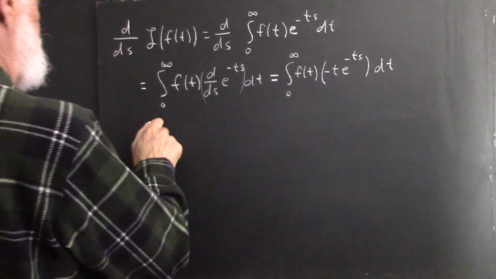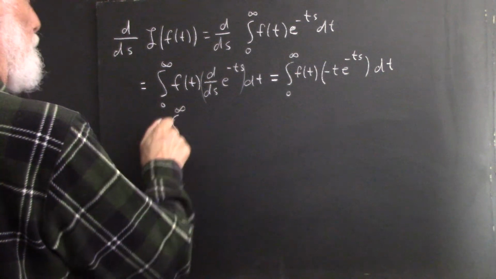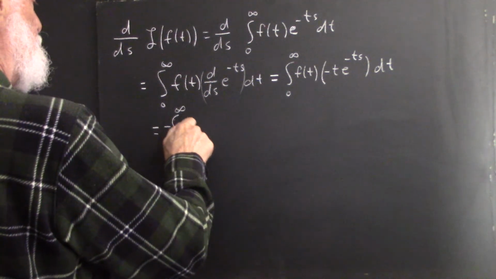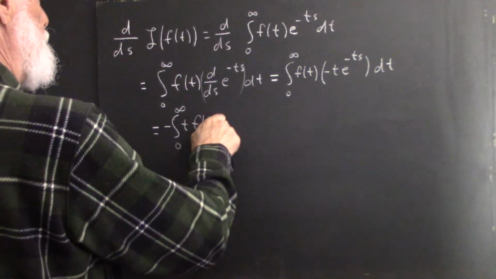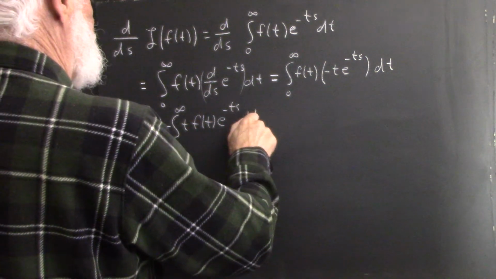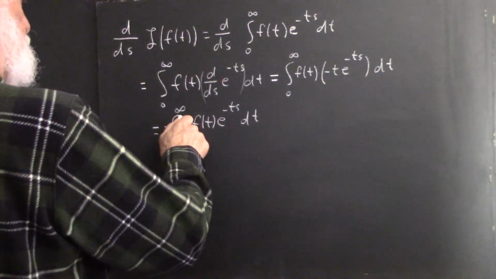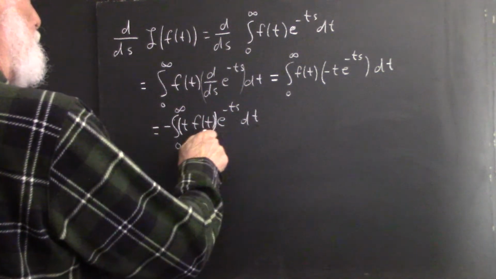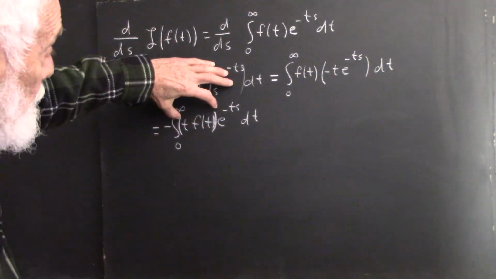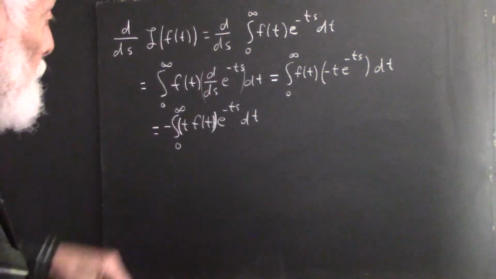And then we can rewrite that as the integral from 0 to infinity of negative t f of t e to the negative ts dt. But now I can put parentheses around the t f of t if I want to. Now we can see that we just have the Laplace transform of the t f of t function.